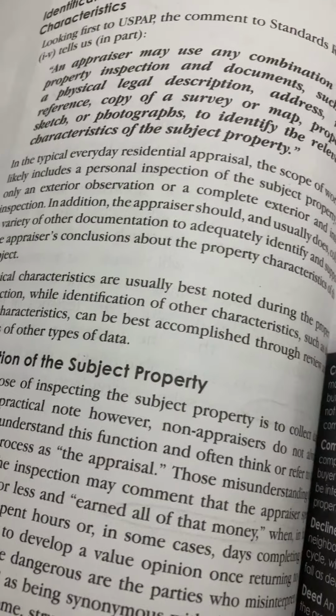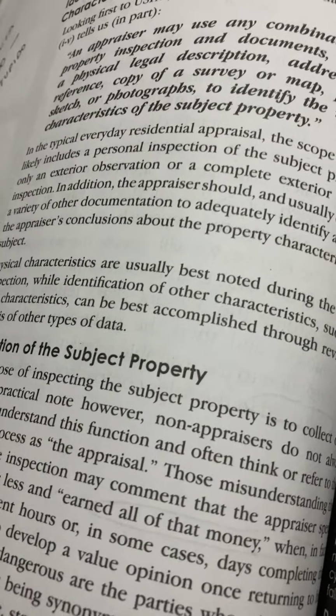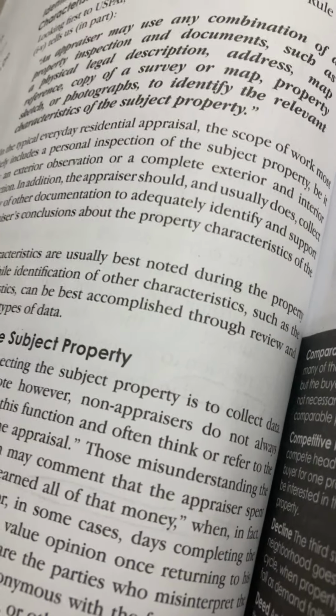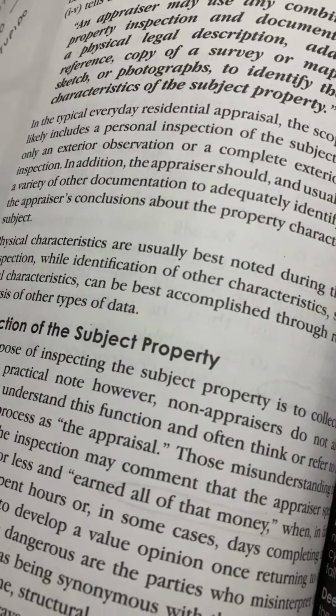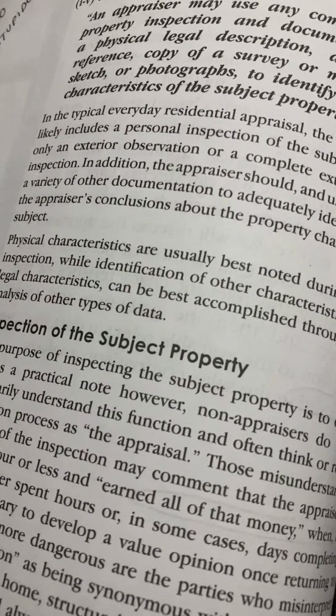In the typical everyday residential appraisal, the scope of work most likely includes a personal inspection of the subject property, be it only an exterior observation or a complete exterior and interior inspection.